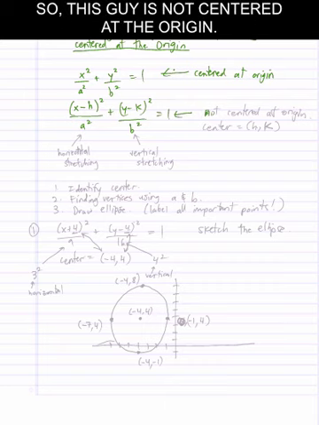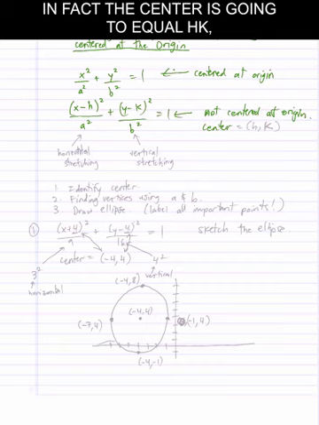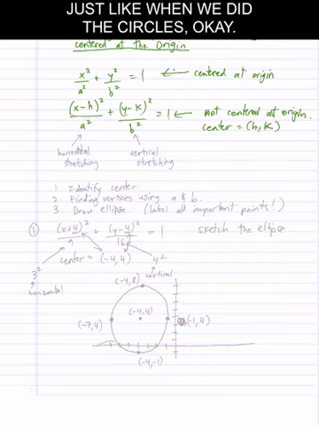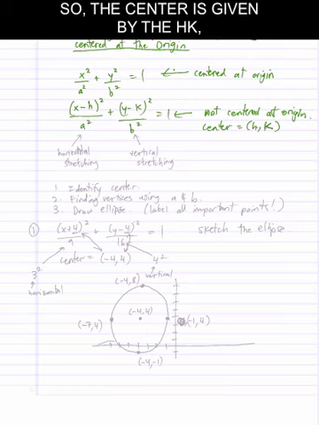So this guy is not centered at the origin. In fact, the center is going to equal (h, k), just like when we did the circles. So the center is given by (h, k).